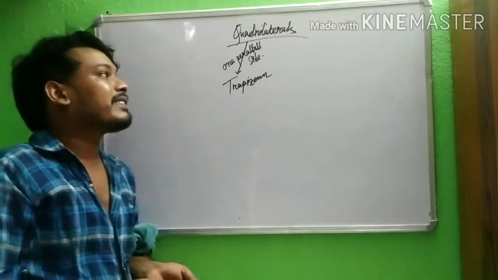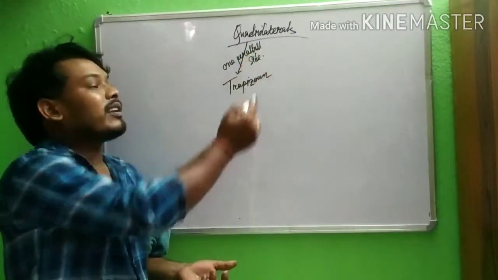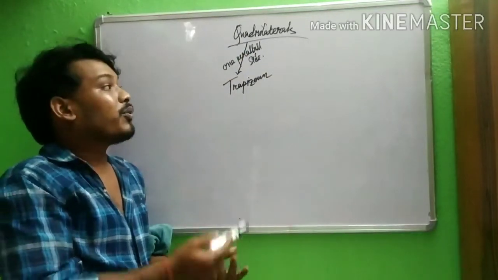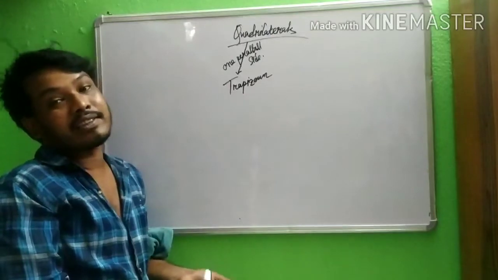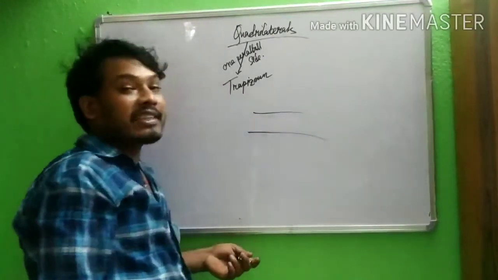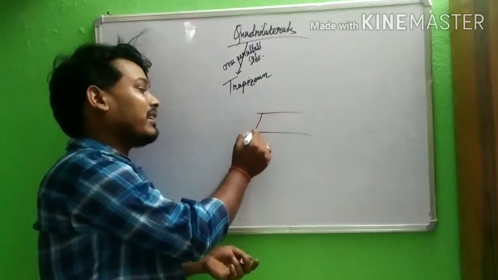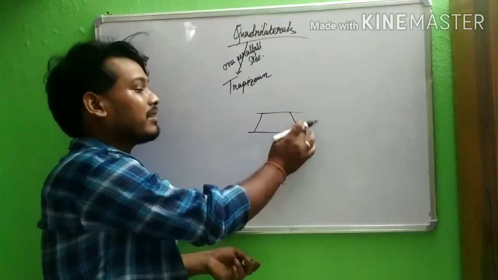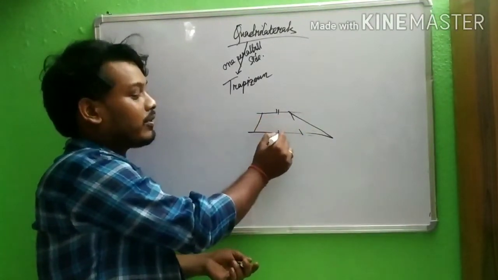So what is a trapezium? A trapezium is a quadrilateral with one pair of parallel sides. One pair of parallel sides is there and the other two sides you can draw in any way. So this one and this one are parallel.